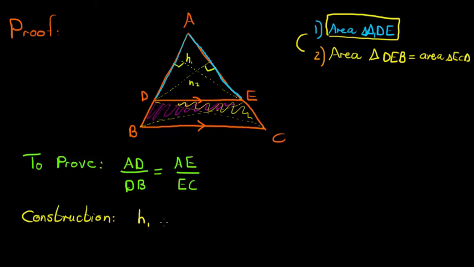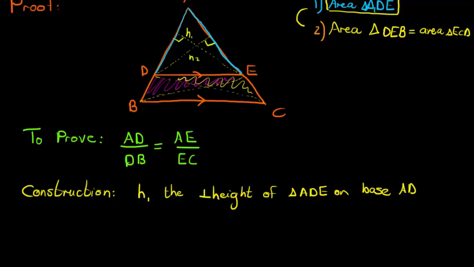So I'm going to say construct H1, the perpendicular height of triangle ADE on base AD.